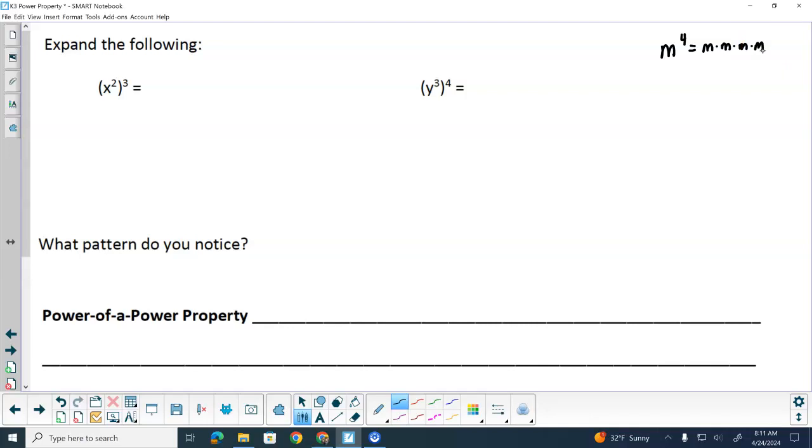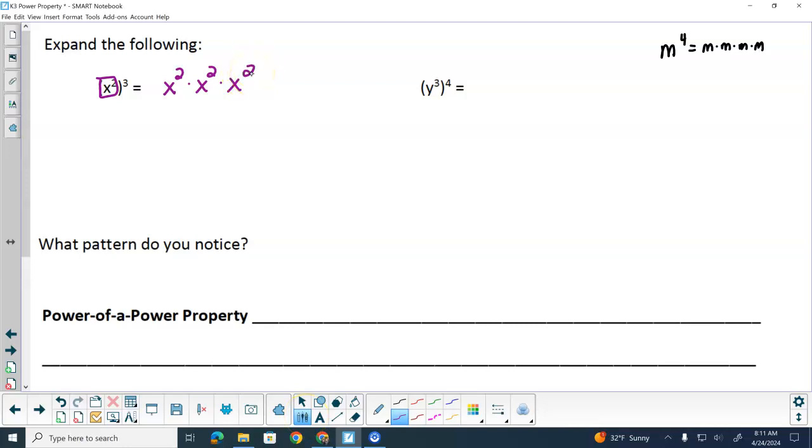So if I've got x squared, then cubed, what am I going to multiply by itself and how many times? The x squared. I'm going to multiply this x squared by itself 3 times.